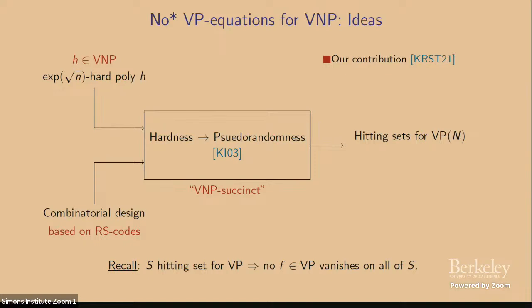The important part about what that means is that the hitting sets that you got for VP of capital N will look like coefficient vectors of little n VNP. Okay. And because of the definition of the hitting set, this now shows you that if this object exists, then the coefficient vectors of VNP are a hitting set for VP. So VP can't be an equation.